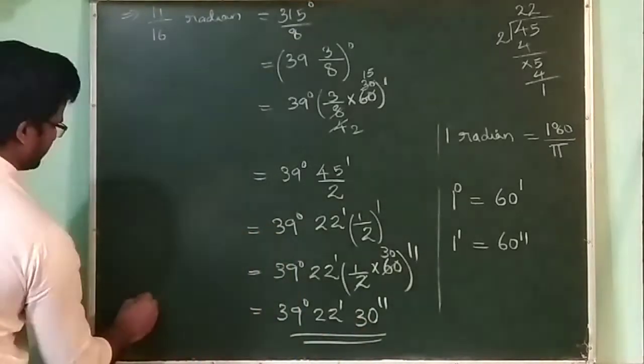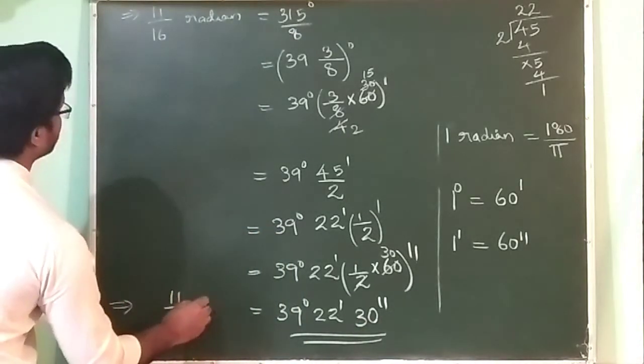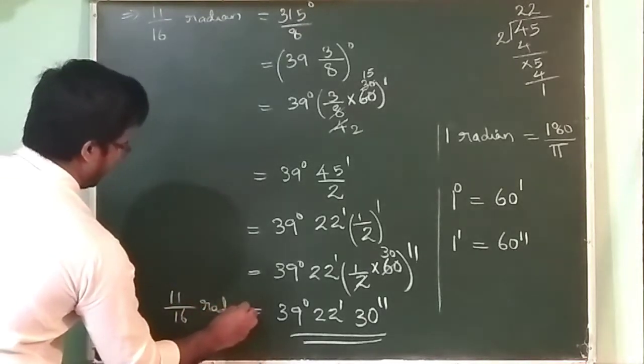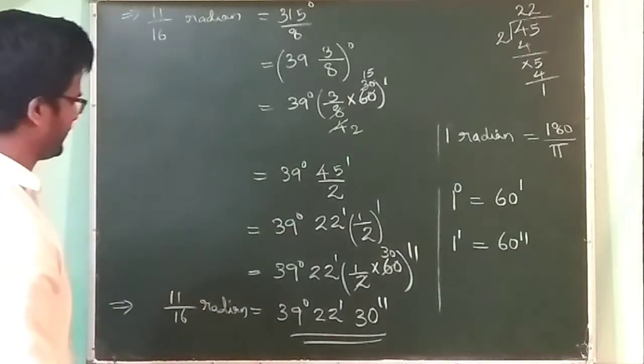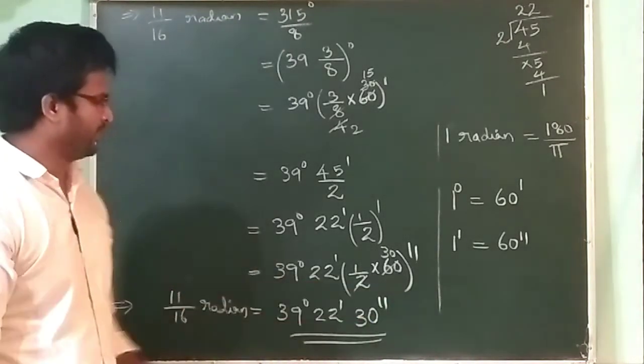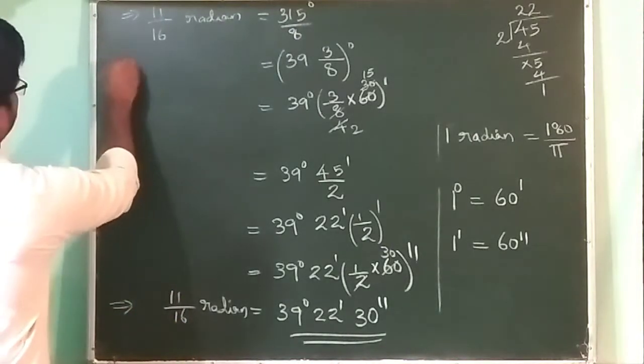That means 11 by 16 radian, if you convert to degree, you will get 39 degree, 22 minute and 30 second. Okay, you can write this.